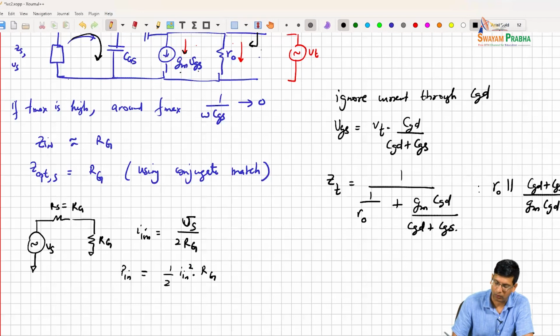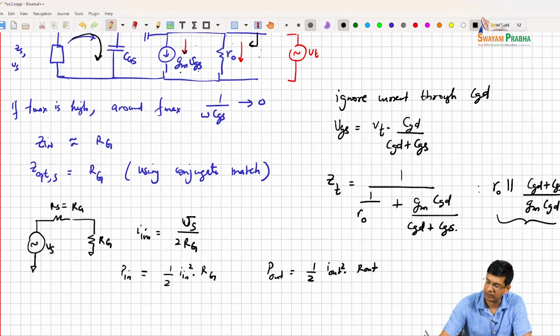And at the output, my P out is going to be half I out squared times my R out, and I know my R out from this.